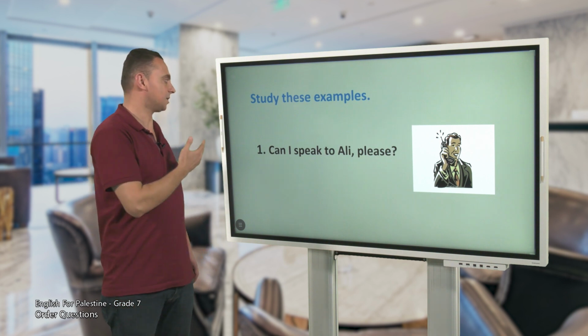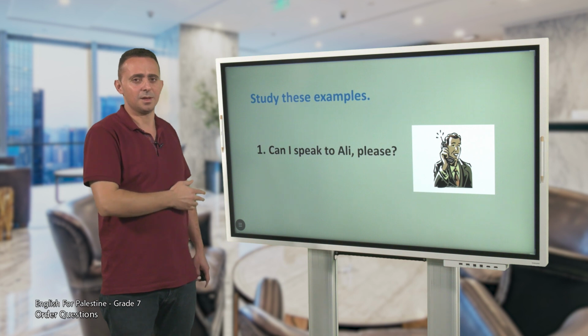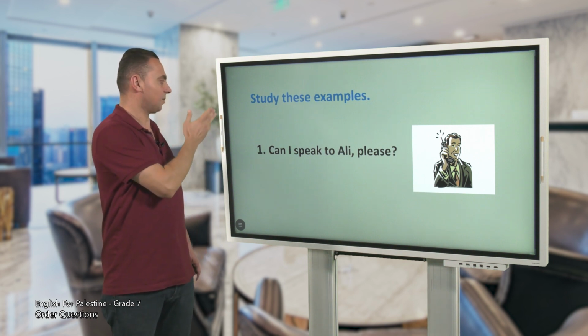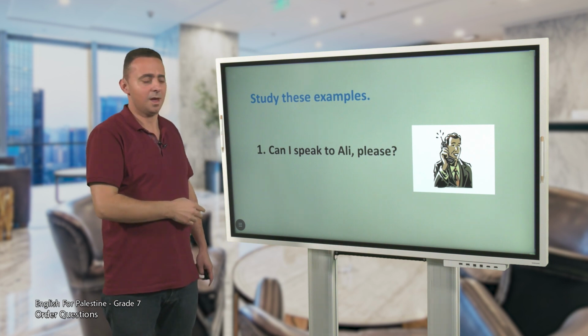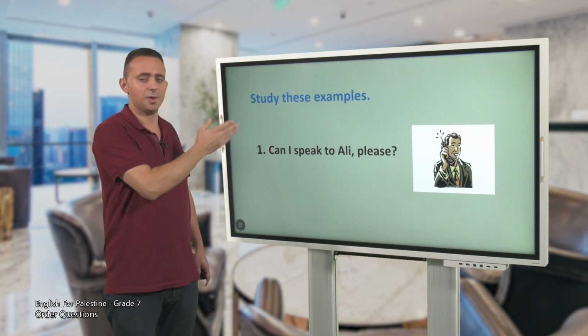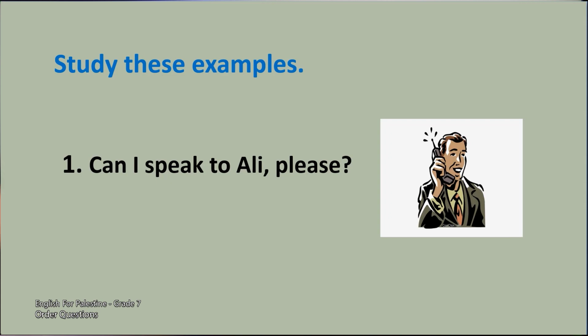Very good, it's a yes-no question. Why? Because it starts with can. Can is an auxiliary verb, and can is followed by a subject, I, and then the main verb, speak. And at the end, we have a question mark. To become, "Can I speak to Ali, please?" This is a yes-no question.